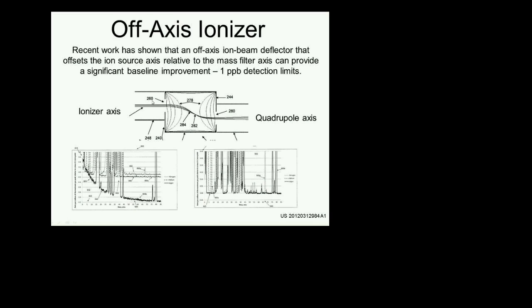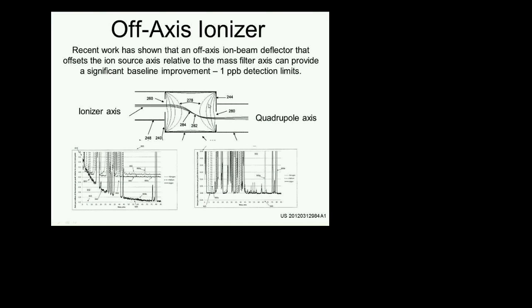What happens is, inside an ionizer, you don't only make ions, you also make metastable radicals. If those metastable radicals go into the quadrupole axis, they can actually make ions on their own. And those ions contribute to this baseline ramp that you're seeing here.